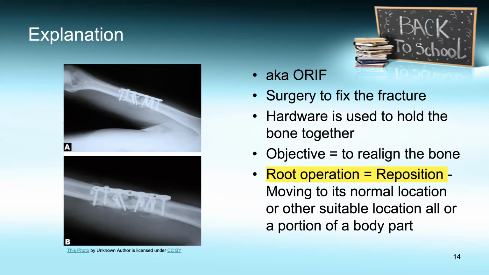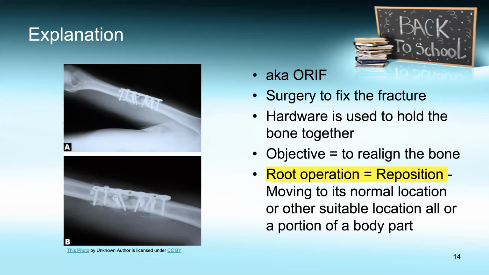Okay, so up next, we have placement of a Foley catheter. So first of all, you have to know what a Foley catheter is, where it's inserted, and all of that good stuff. So this is another one where you should stop and do a little bit of internet research if you need to, to figure out how this procedure is performed and what it's all about.